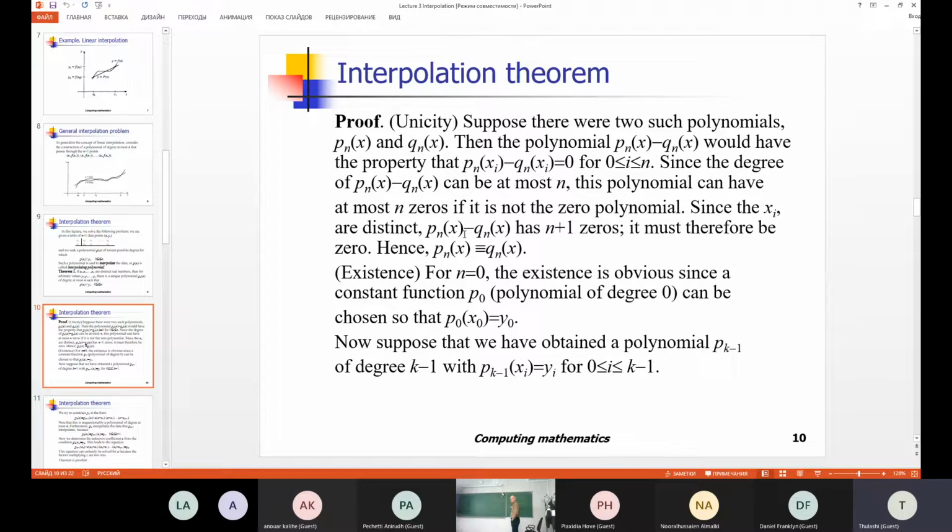How many roots? 2. Or maybe 1, if the line just touches. Or no roots. If it is a polynomial of degree 1, how many roots? 1 point.